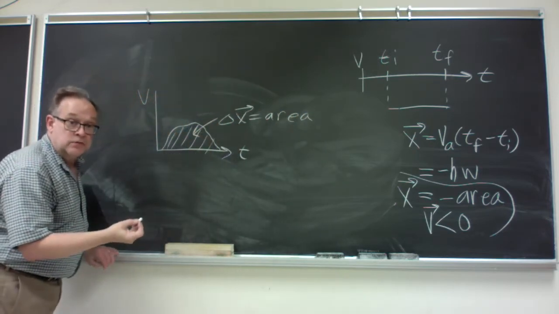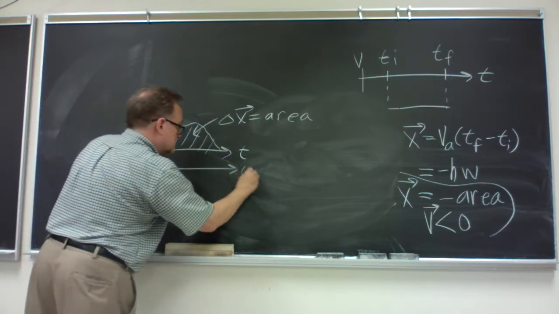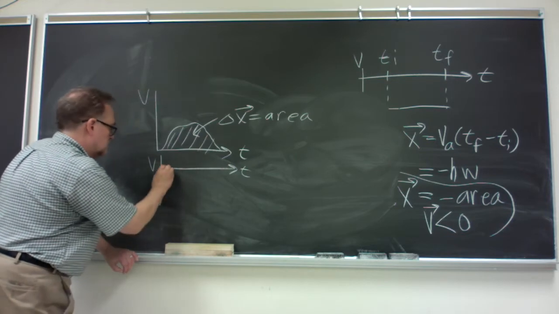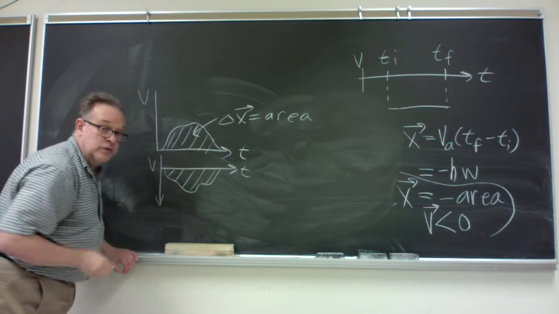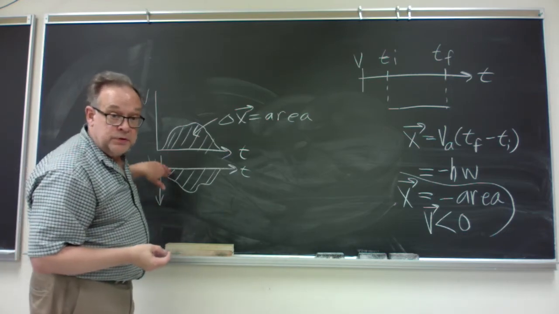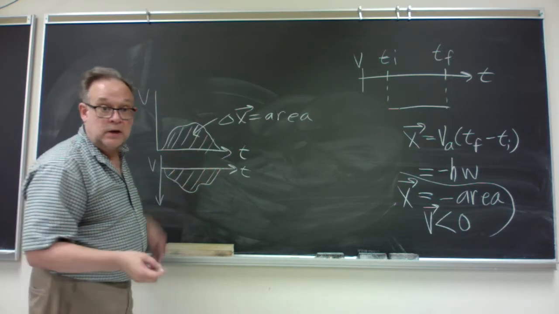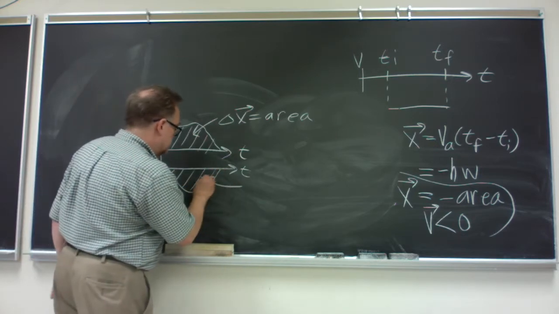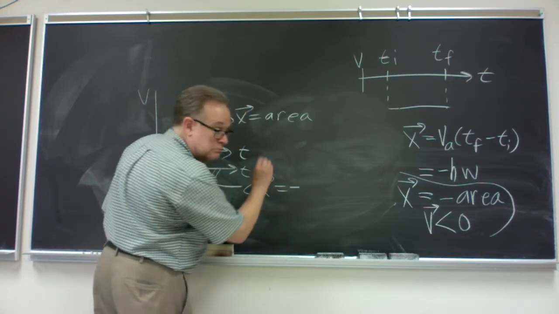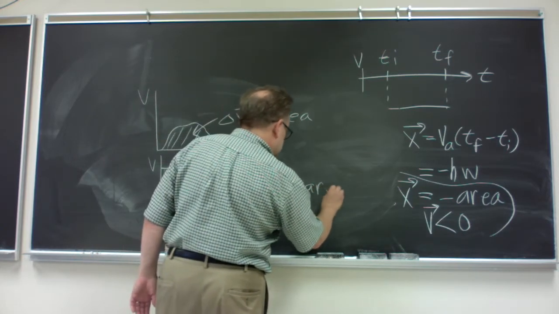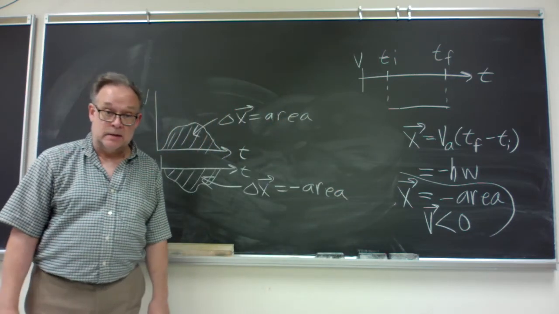And even if velocities are negative, even if the velocity line has a funny shape, it is still the case that for negative velocities, displacement equals the minus 1 times the area between the velocity line and the time axis.